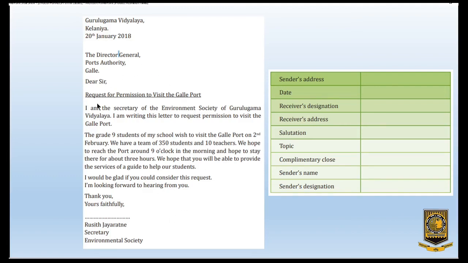Go through this letter carefully. The activity is very easy. In activity 13, you have to fill this chart. With reference to this letter, you have to find the sender's address and write it here. Date, like that. I think it's easy for you. You can do that.